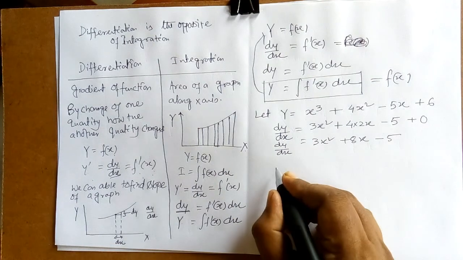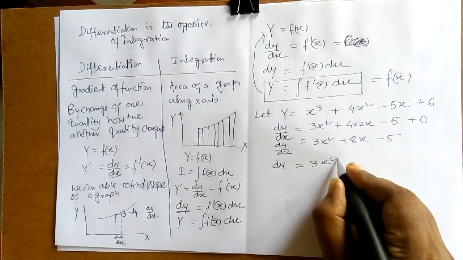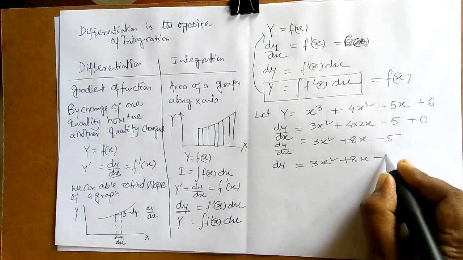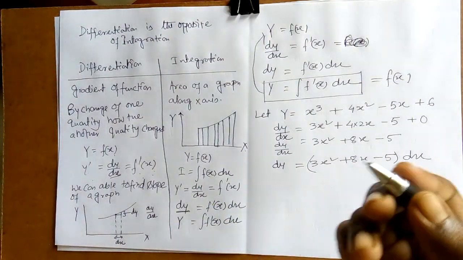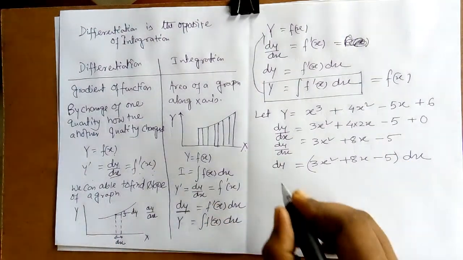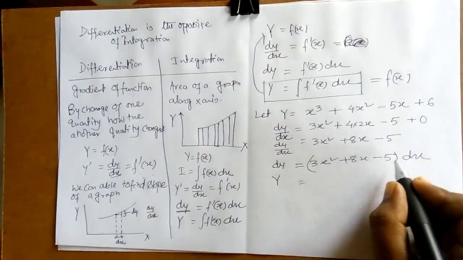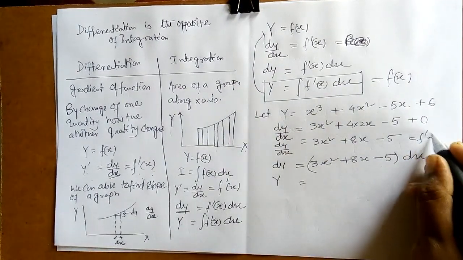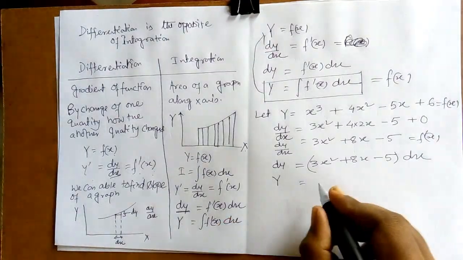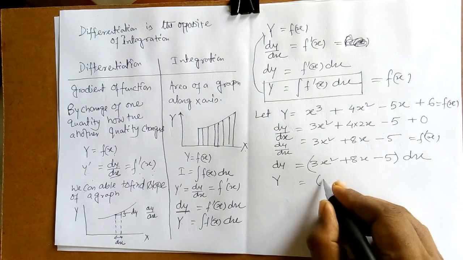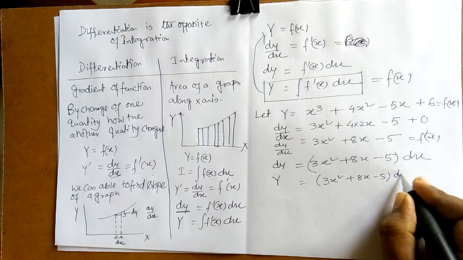And from here, if you want to find dy, then dy equals 3x square plus 8x minus 5, into dx. And now if you want to find y, as I just told you, you have to integrate it. So this function you can call f dash x, and the initial function you can call f of x. So f dash x dx means the integration of 3x square plus 8x minus 5 dx.